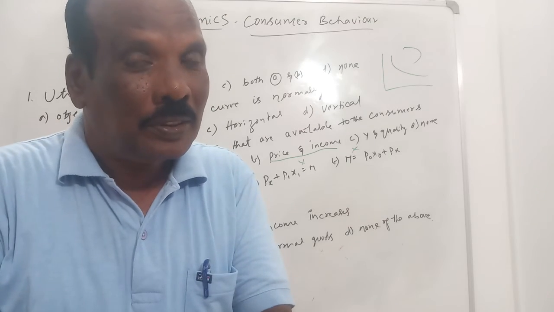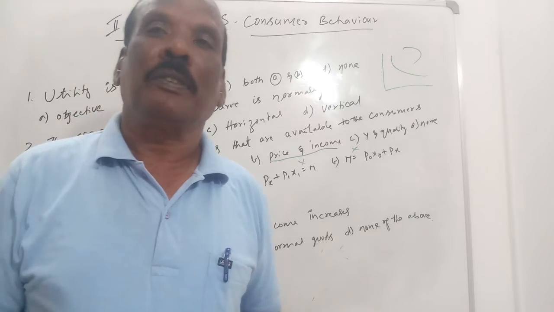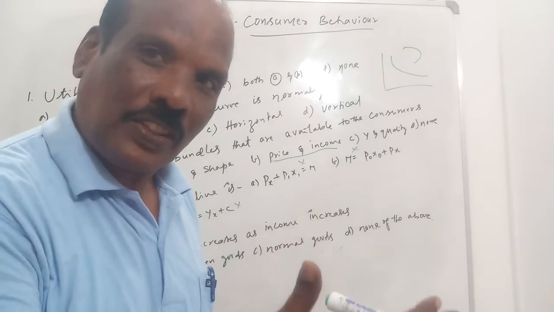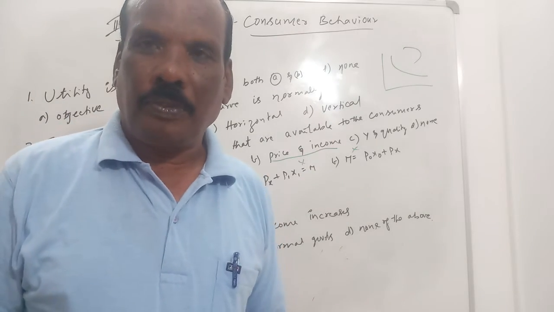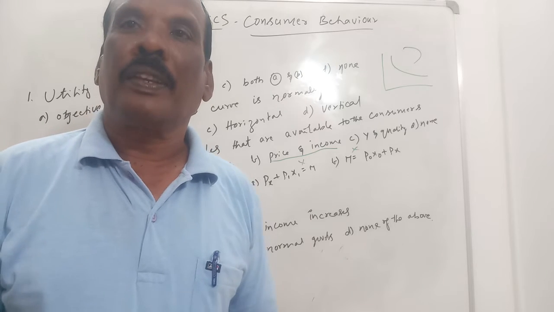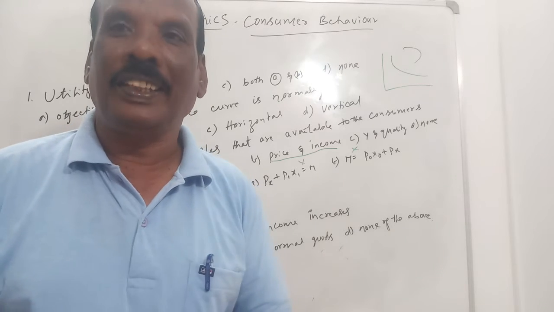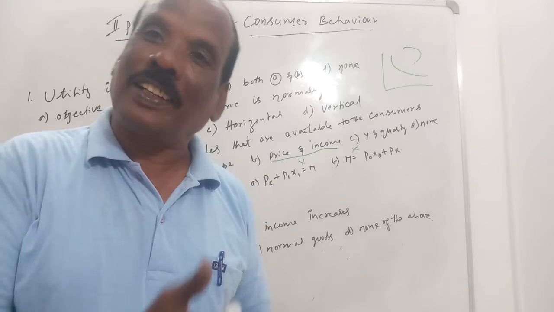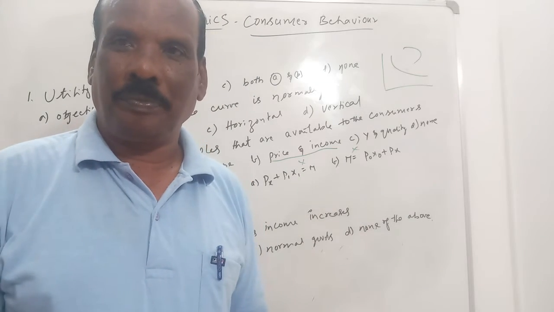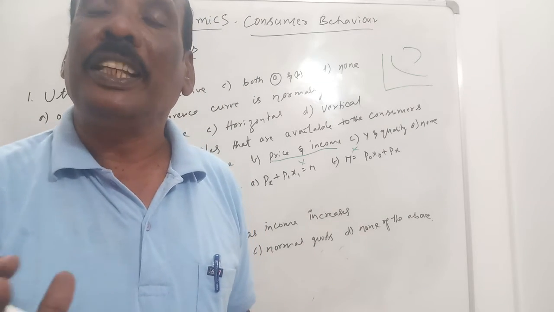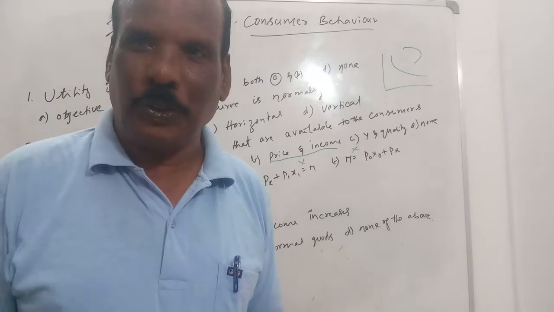It is not so as in case of budget line. The cost of the 2 goods is equal to the income of the consumer. The cost of the combination of 2 goods must be equal to the income of the consumer.